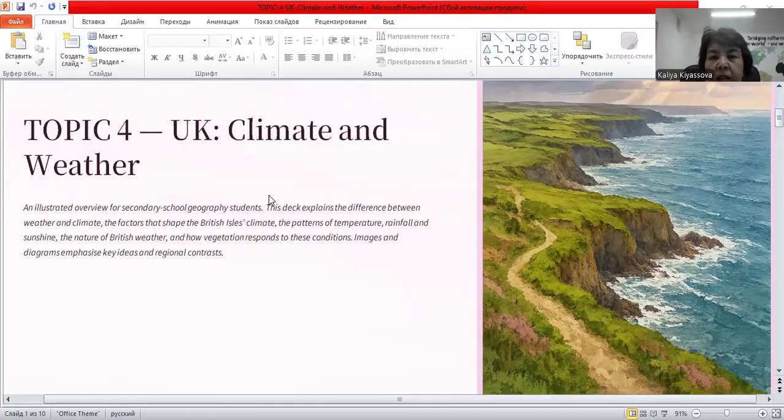This talk explains the difference between weather and climate, the factors that shape the British Isles climate, the patterns of temperature, rainfall, and sunshine, the nature of British weather, and how vegetation responds to these conditions. Images and diagrams emphasize key ideas and regional contrasts.